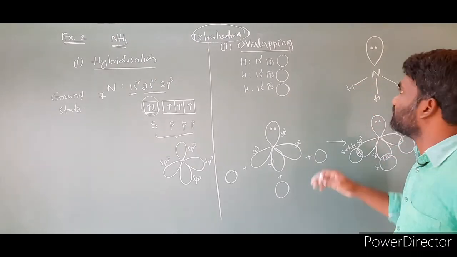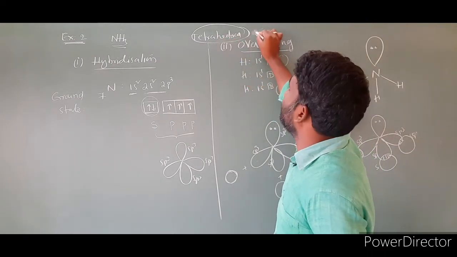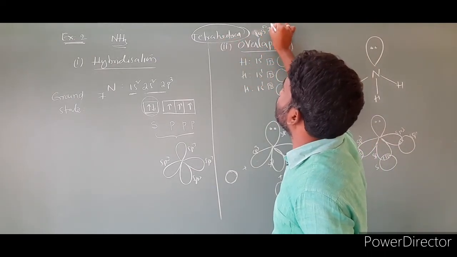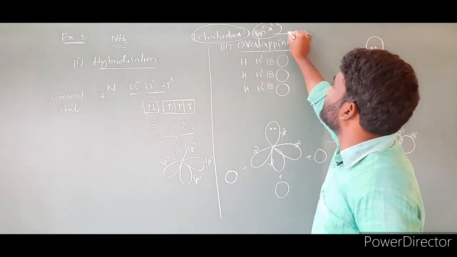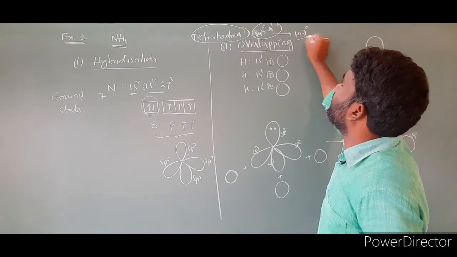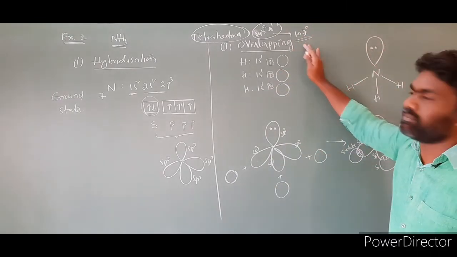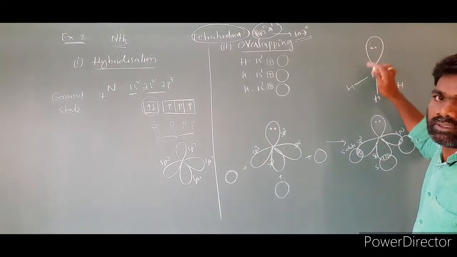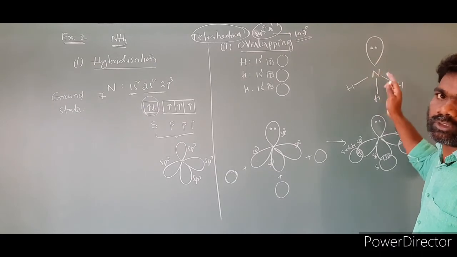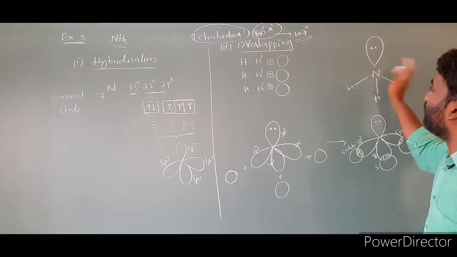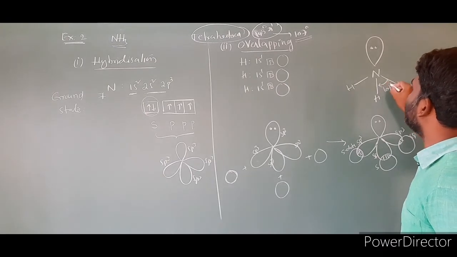Due to the repulsions, if the molecule is tetrahedral, the bond angle is 109 degrees 28 minutes. The bond angle is reduced to 107 degrees. Why is it so? Because of repulsions between the lone pair and bond pairs. Due to these repulsions, the bond angle is reduced. The bond angle will be taken as 107 degrees only.